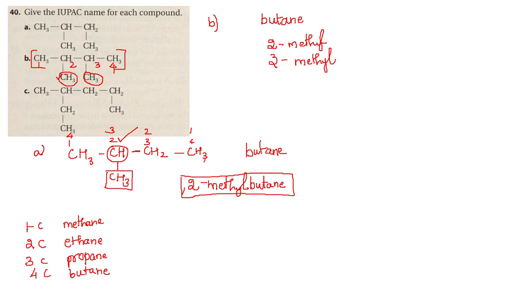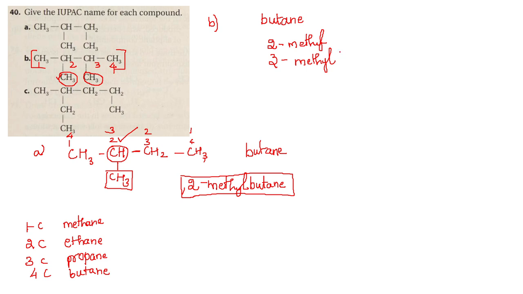Now what is the fourth step? What does the fourth step say? Use prefixes to indicate the appearance of the same group more than once. So you have methyl groups appearing more than once. How many times does it appear?